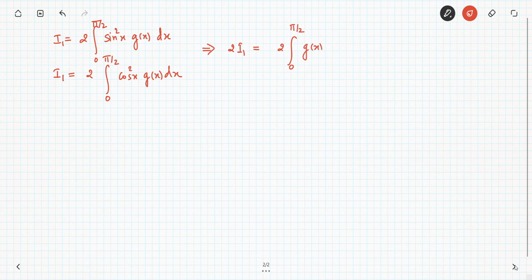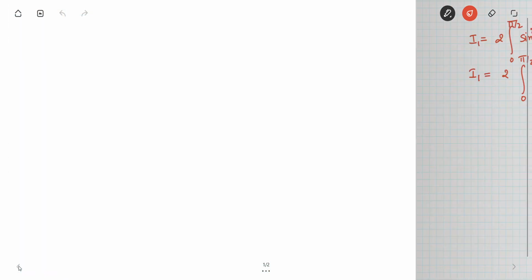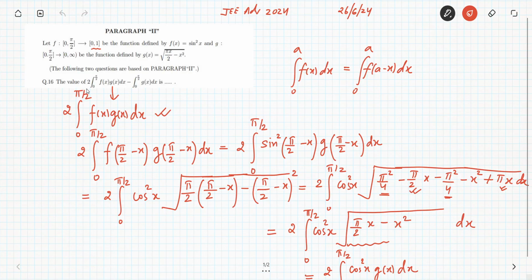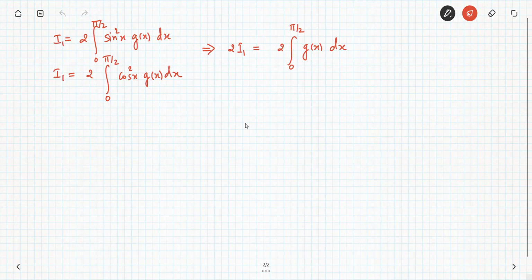Okay, why g of x? Because sin square x plus cos square x will be 1. So from here I can write twice of I1 is equal to 2 times of 0 to pi by 2 g of x dx. Now it was asking this particular term's value and minus 0 to pi by 2 g of x dx. Okay, so I got the value of this particular expression.